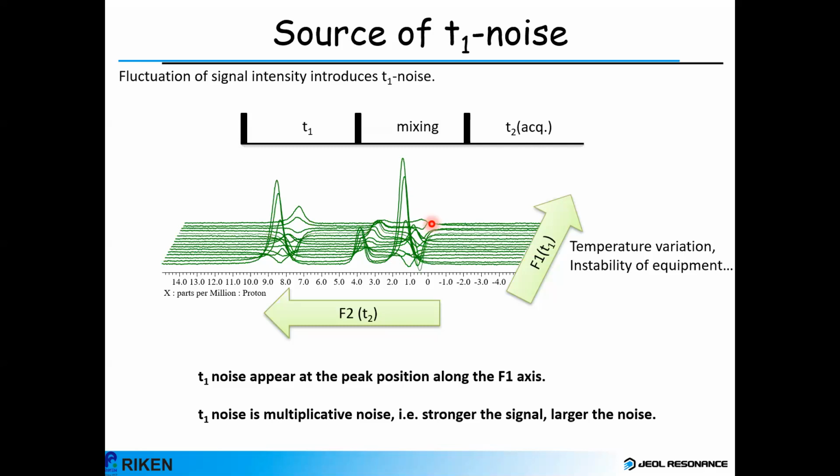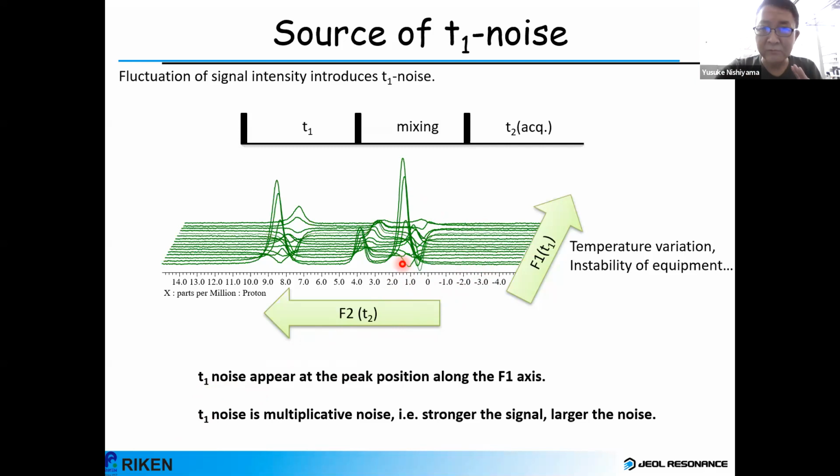That's why we observe T1 noise along the F1 axis, I mean at the peak position in the F1 axis. If we don't have any signal, of course we don't have signal variation, and then we don't have any noise. So that's why T1 noise always appears along the T1 axis.